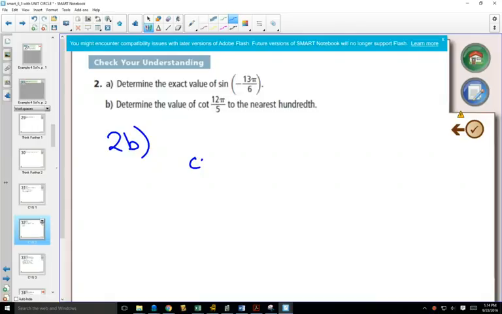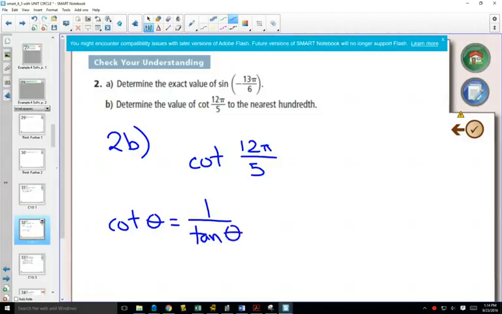Now, we don't have a cotangent button on our calculator, but we know that cotangent of theta is equal to one over tan of theta, because cotangent is the reciprocal of tan.